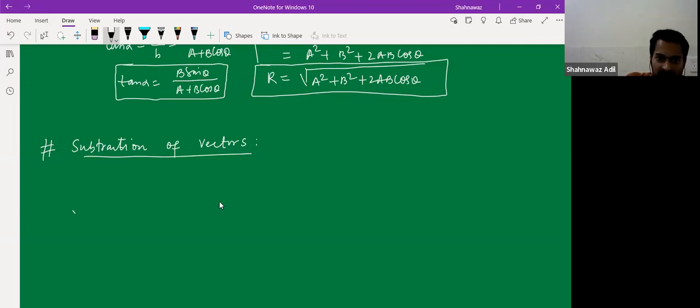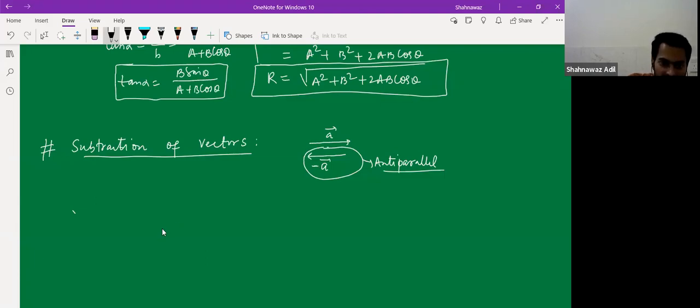For the subtraction of vectors, you take the anti-parallel. If this is the A vector, what would be the anti-parallel of this vector? You take the opposite direction of this vector with equal magnitude, and this is called the anti-parallel.